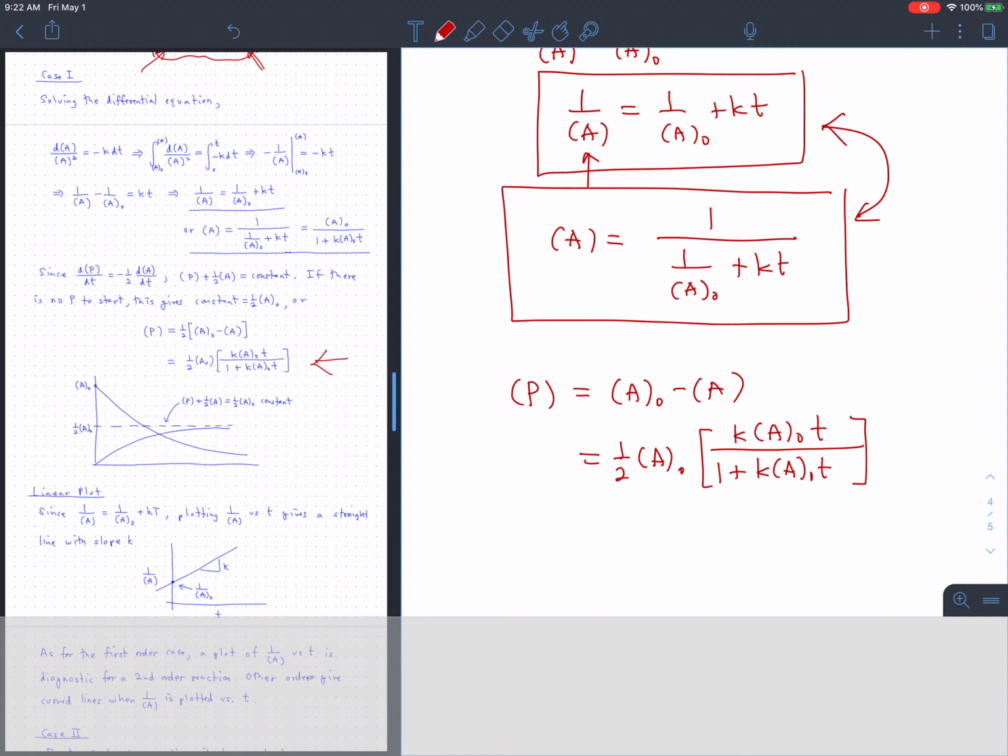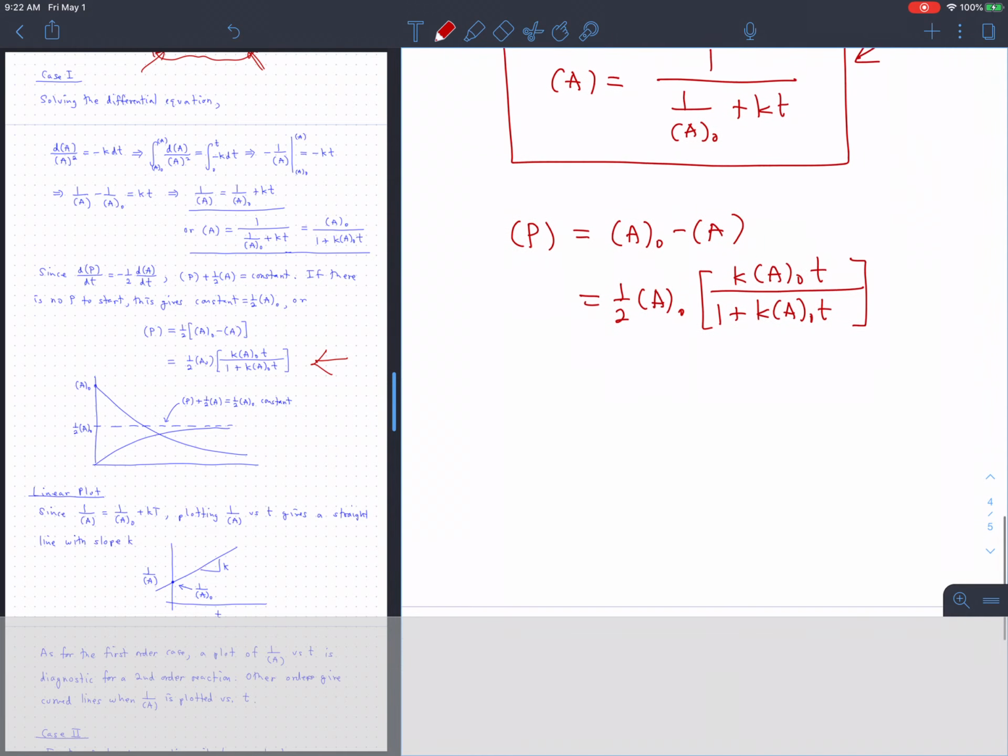All right, so now we have relationships for both A and P, reactants and products. If we plot them, we'd get something like this, starting from A0 at time t equals 0. We get a decaying curve, but it's not an exponential curve anymore. It's a different shaped curve.